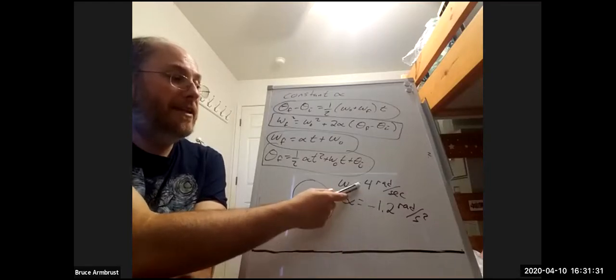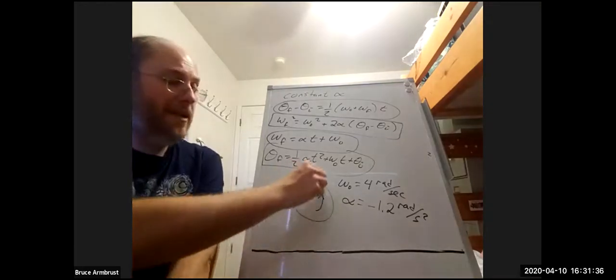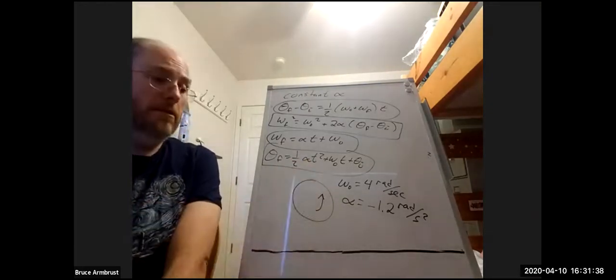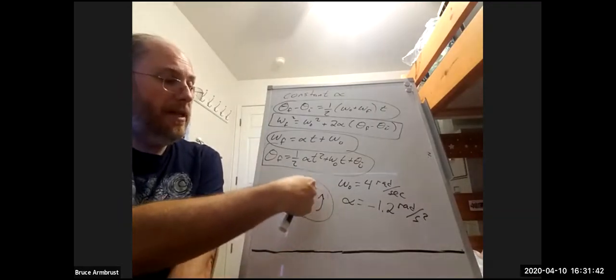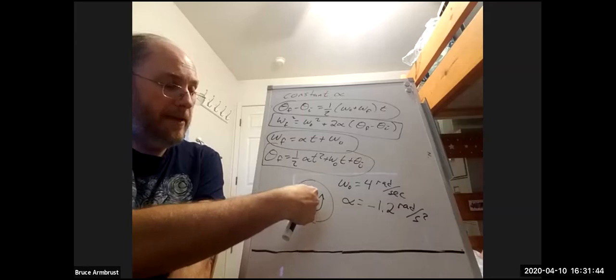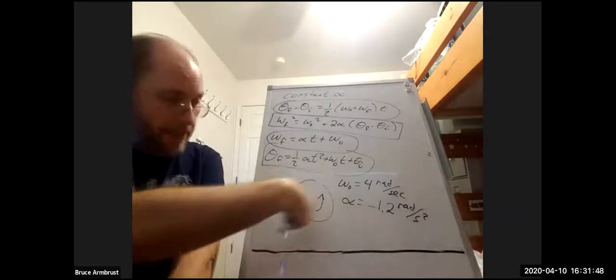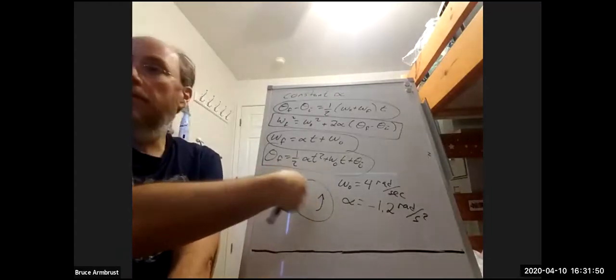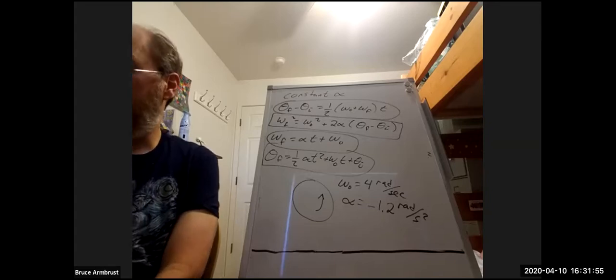This thing is going to then have negative omega, which means it's going to be spinning clockwise. So what's happening is it's spinning, slowing down, stopping, and then starting to rotate the other way, and it's going to continue speeding up rotation in that direction. So that's how to interpret this.